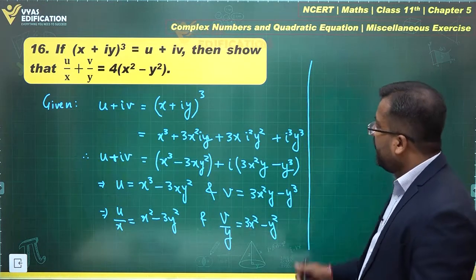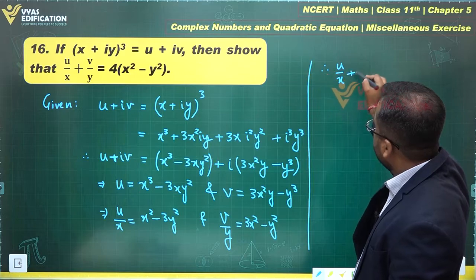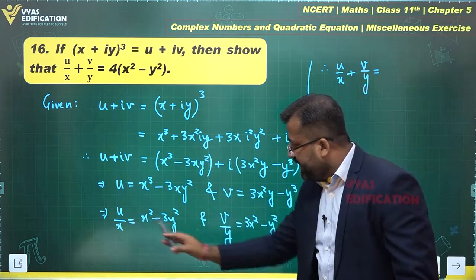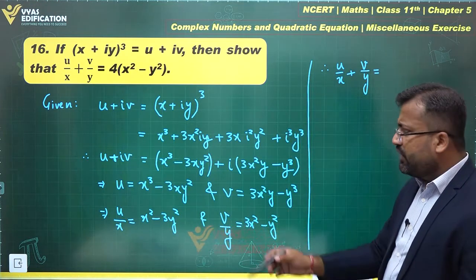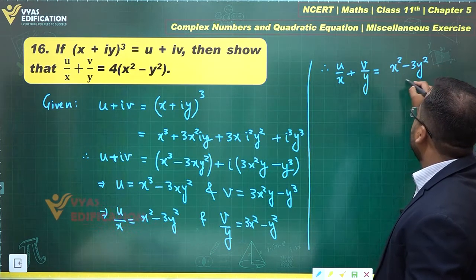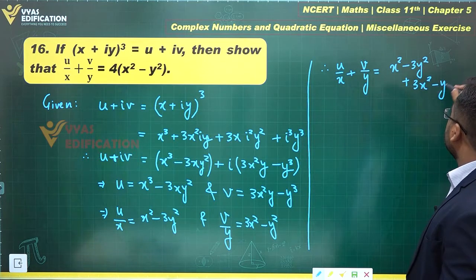And now u/x + v/y is equal to what? u/x + v/y is equal to this plus this. Let's add them together. What you have is x^2 minus 3y^2 plus 3x^2 minus y^2.